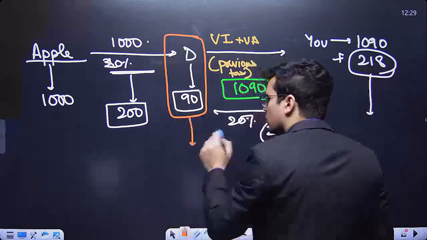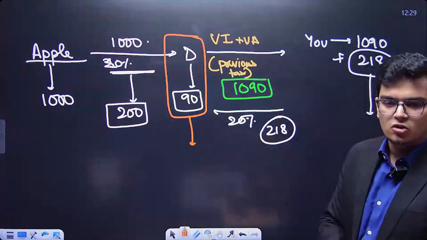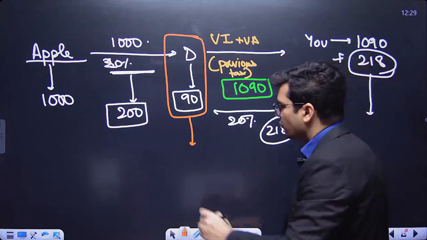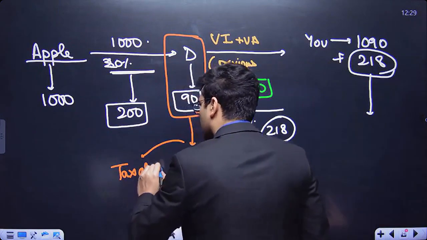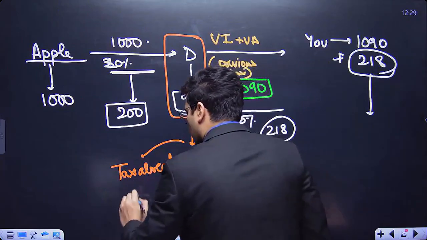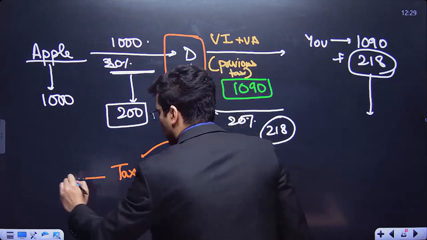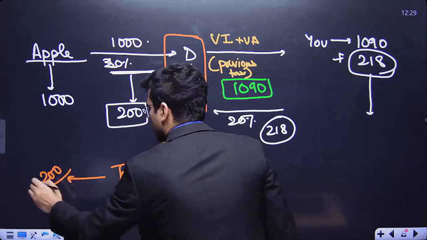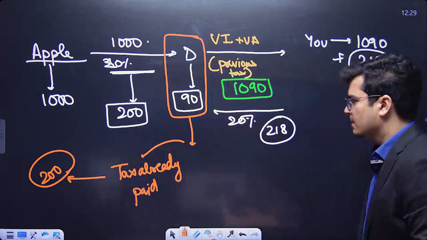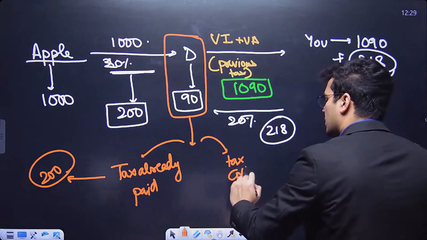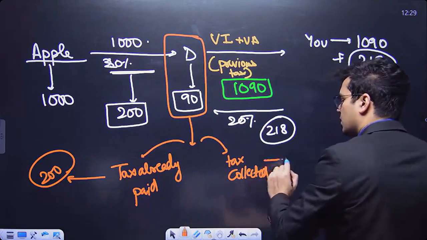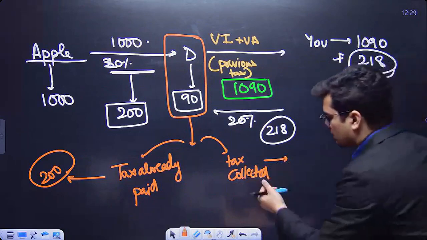The distributor's account will show that you have already paid tax. Tax already paid is 200 rupees.